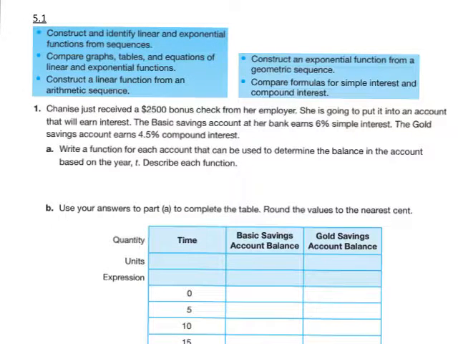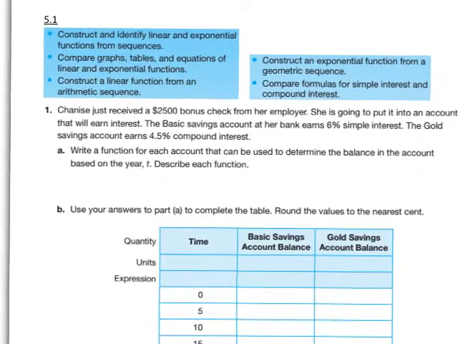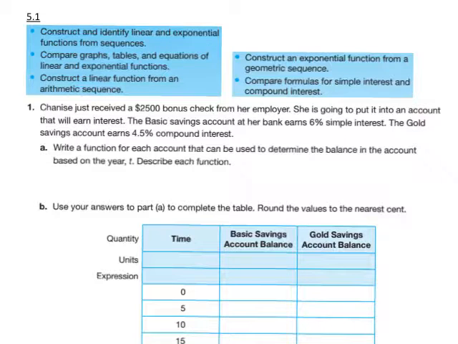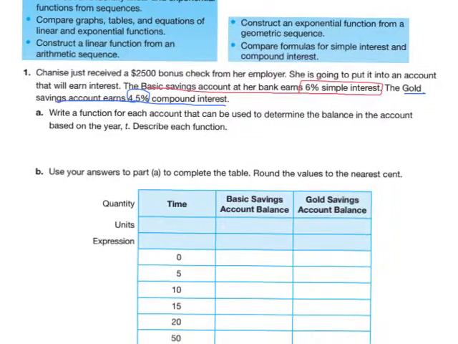There's a bank, and they say, hey, for basic savings, you can have 6% simple interest, versus the gold, which will give her less interest, a lower percent, but they'll compound the interest. So she wants to know which one to go with. You're going to help her out.